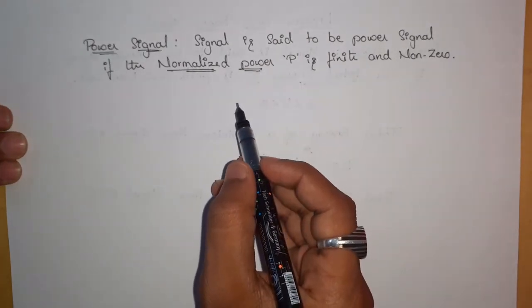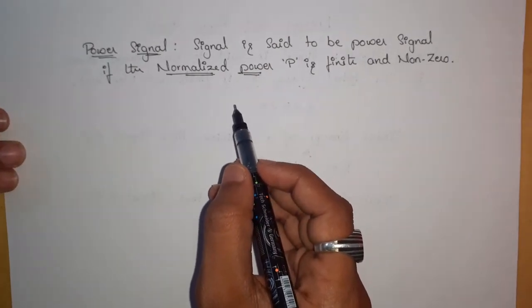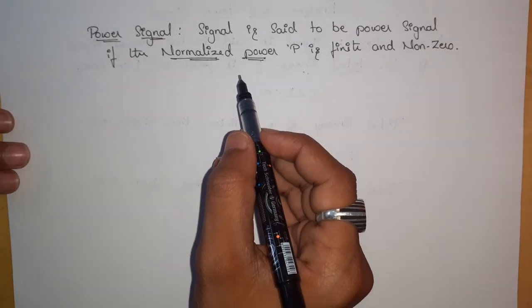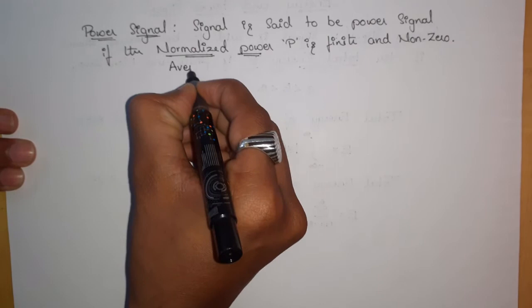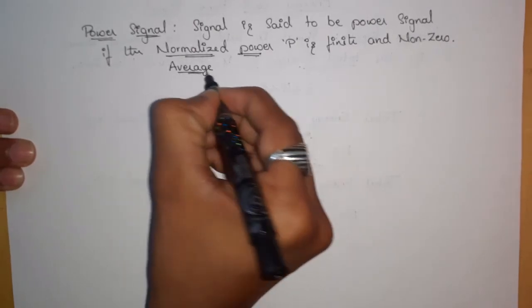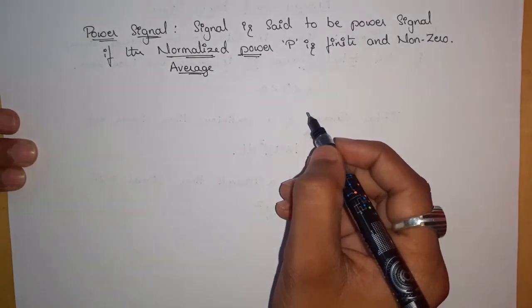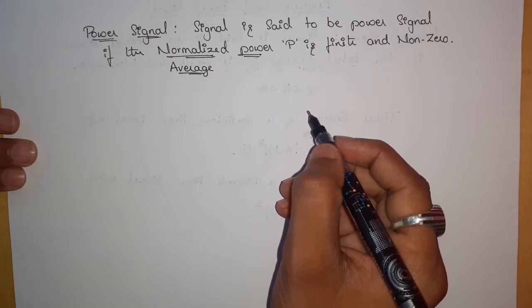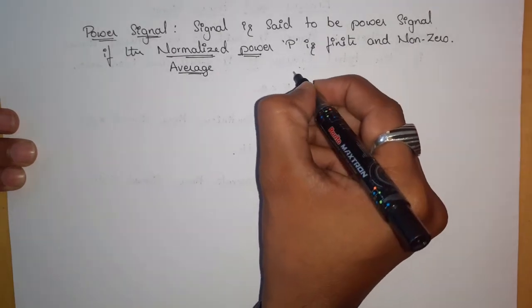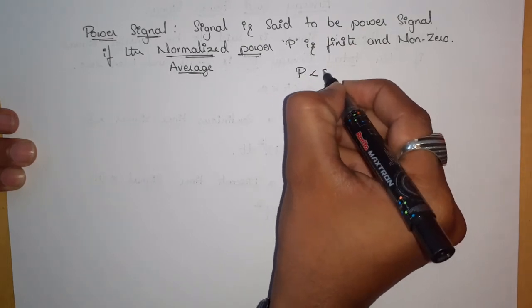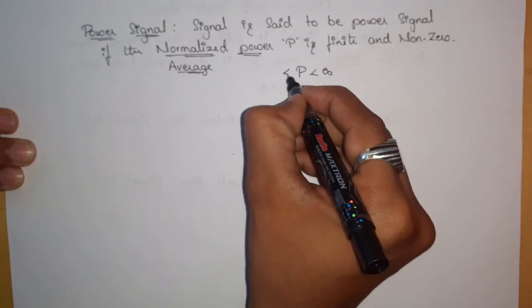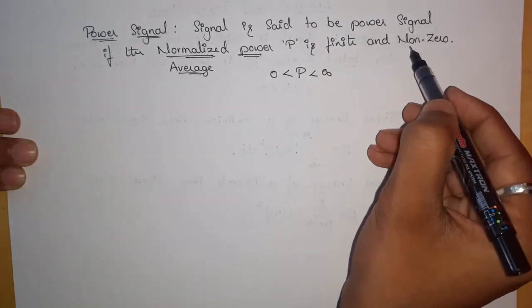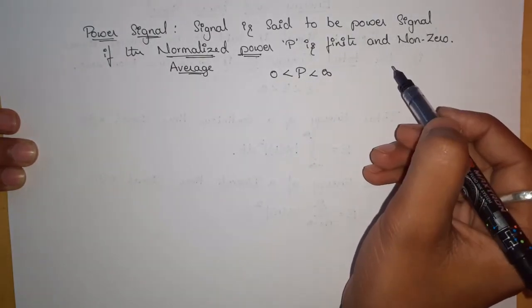If the normalized power, or we can also say the average power, is finite and non-zero, it is represented as P less than infinity, which means P is finite, and greater than 0, which is non-zero.